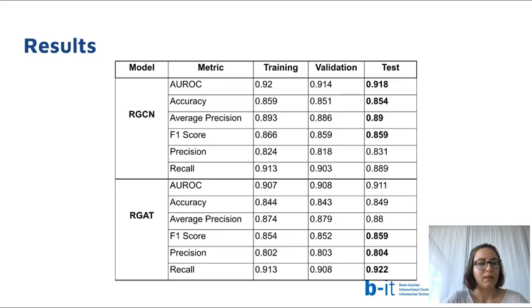The models that have the RGCN or the RGAT as the encoder have very good results in training, validation, and test set scenarios. And I have listed the AU-ROC, accuracy, average precision, F1 score, and the precision and the recall here. These are results that are averaged over all relation types.